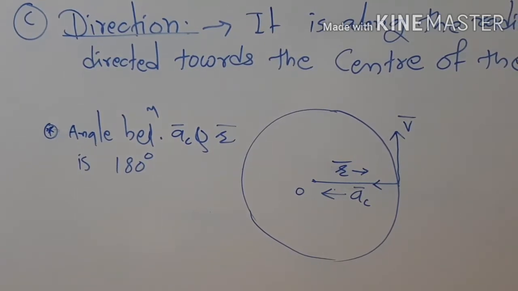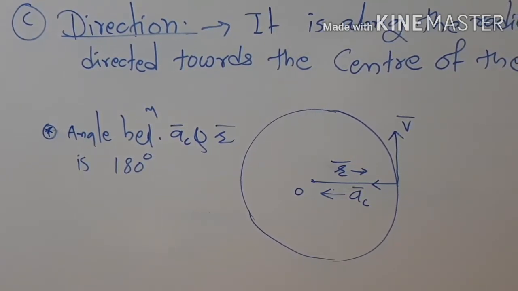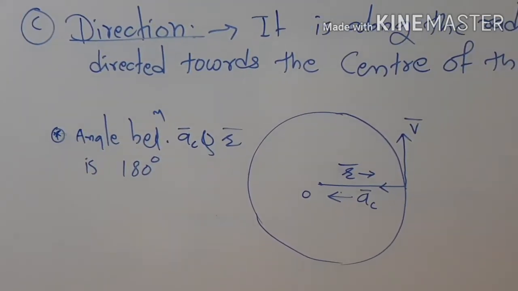Now in the question, what is UCM? The answer is expressed in 3 steps. First is its definition. Second step is the example. Third step is the linear, radial or centripetal acceleration, in which there are sub-steps.